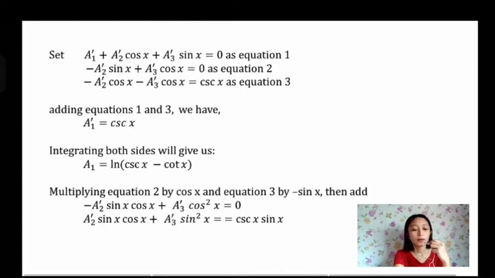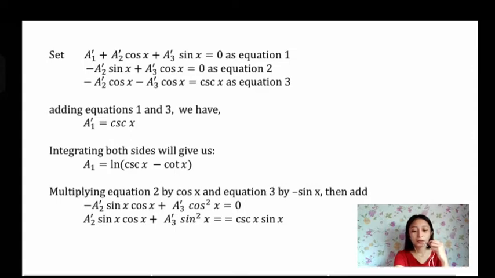Then multiply equation 3 by negative sine x. Magiging sagot niya is a sub 2 prime sine x cosine x plus a sub 3 prime sine squared x equals negative cosecant x sine x.